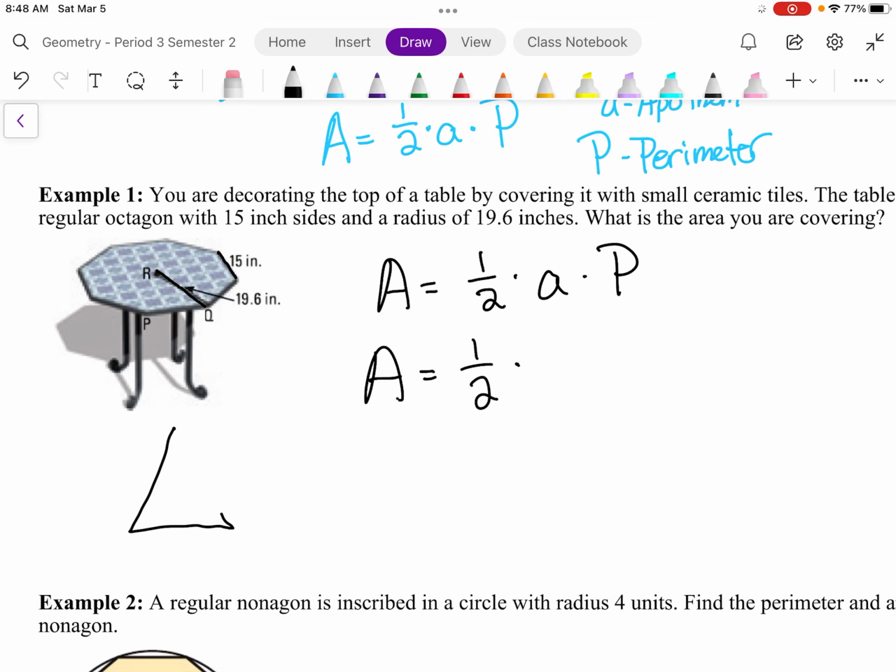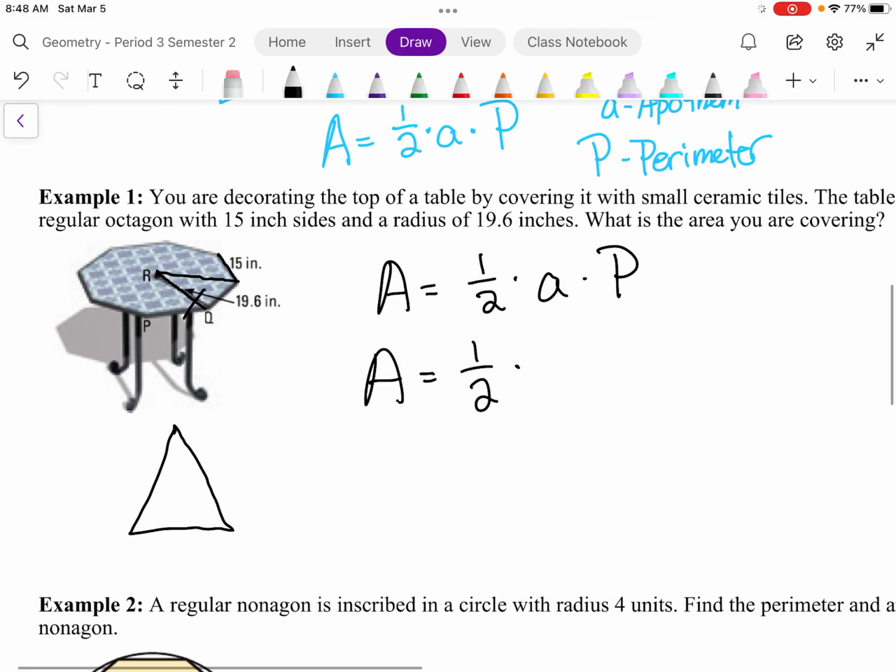So to do that, we're just going to draw one triangle section. So this triangle, we're going to draw that down there. So in this triangle, we know the side of the polygon is equal to 15 inches, so we can label that 15. And we know that both radiuses are 19.6.